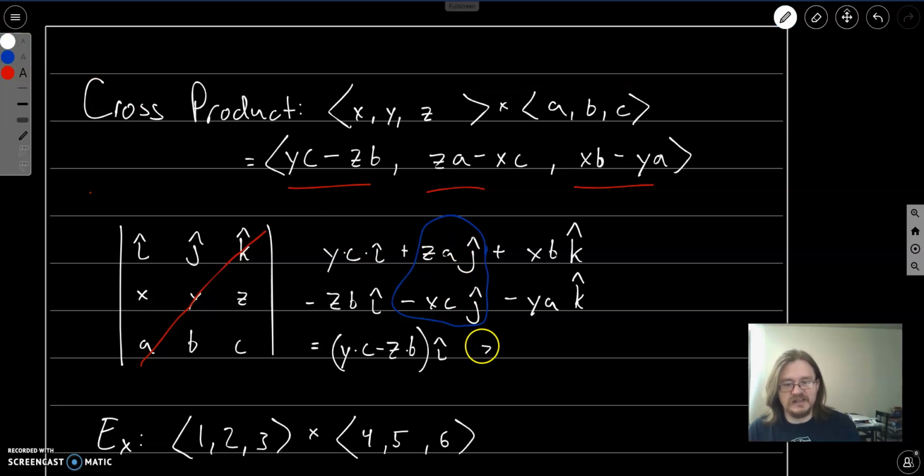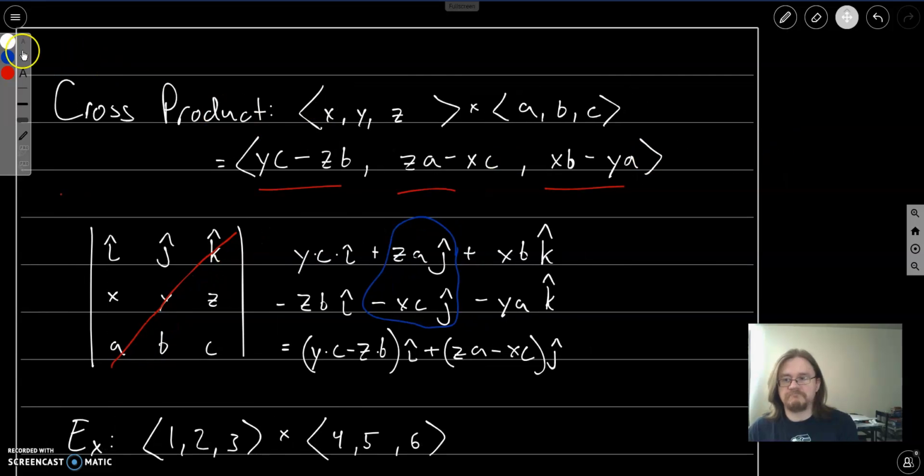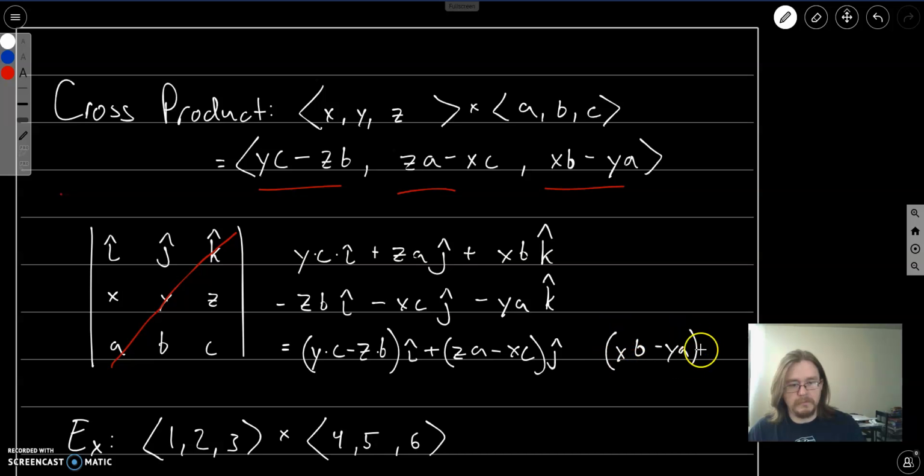We have za minus xc, and all of that is being taken times j. And that matches. And then the very last one is going to be xb and ya. And that's how we take a cross product.